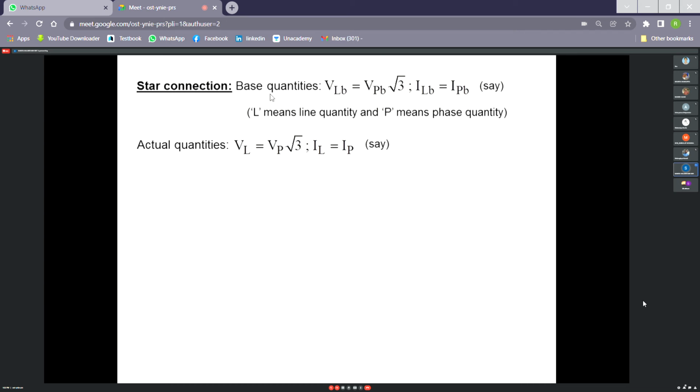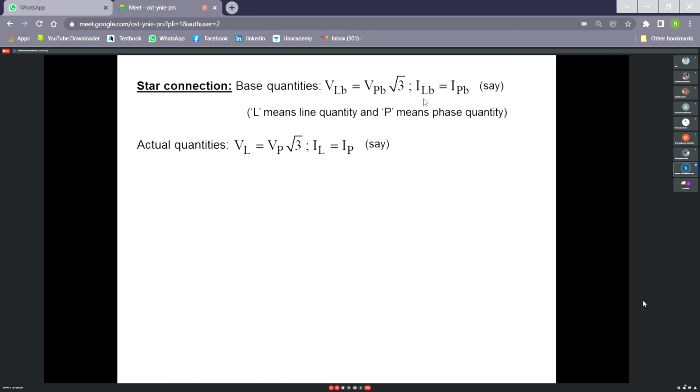Say this is the base quantity in line values. L means line and P means phase. If we consider line value for base, then phase value into root 3 must be line value. That solution should be valid, because the base quantities are quantities relevant to the system.